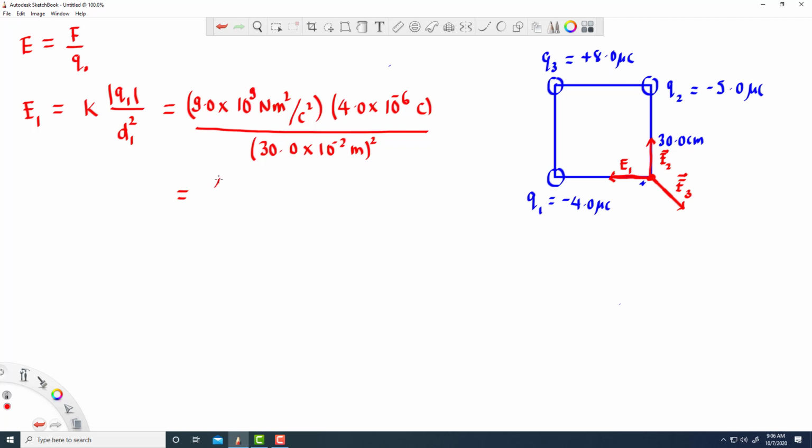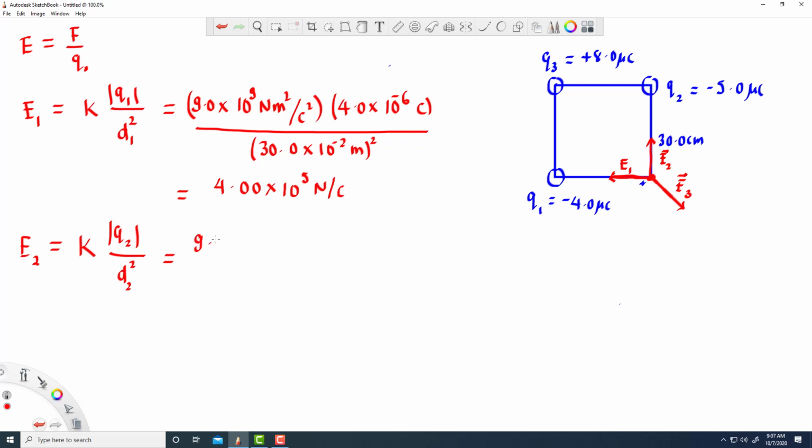So that will give me 4 times 10 to 5 newton per coulomb. And this would not be the same, because this charge is different. Although the distance is the same, the charge is different, so you need to find that also. So Q2 will generate electric field E2. So K, we are dealing with the second charge, and the distance of that charge from that point is, let's call that d2 squared.